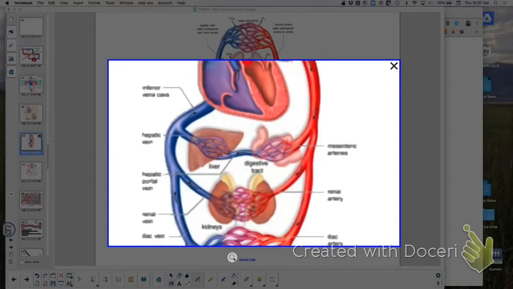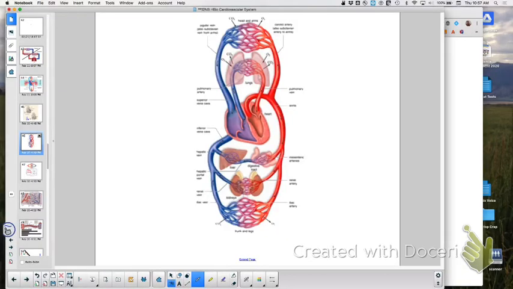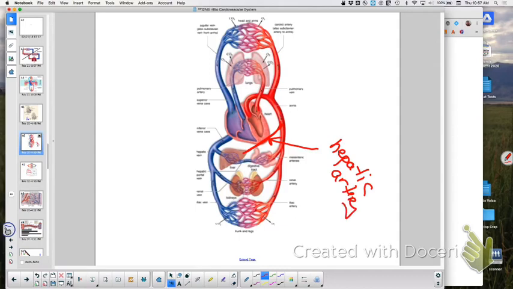They're showing you a hepatic vein, but what aren't they showing you? A hepatic what? Artery. And there is one. But because they're trying to point out the portal system, they don't show you that there is also a hepatic artery there as well. They're just doing a bad job modeling the circulatory system. But you know it's got to get oxygenated blood as well.